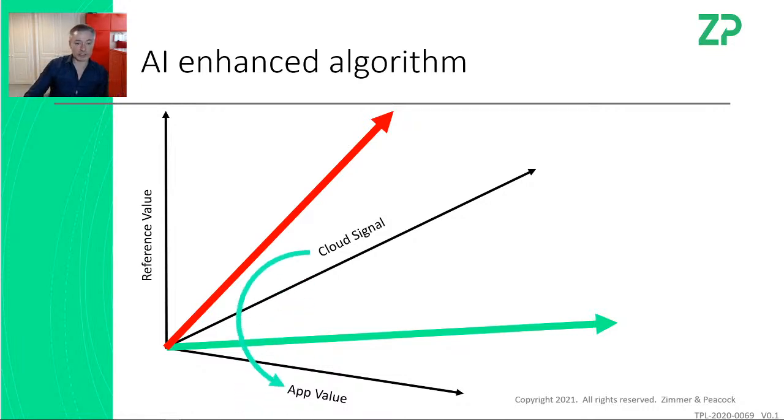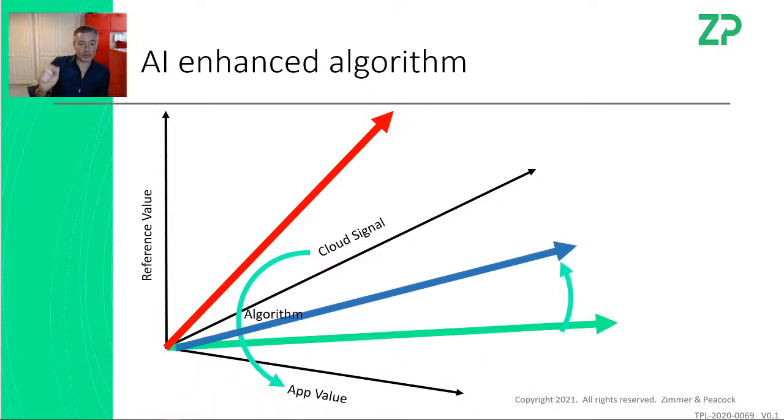So we take the cloud signal, look at it versus the reference value, and improve the app value. Because it's connected to the internet, Julie in the cloud is able to communicate via the web back to the app. We can send better algorithms to the app to improve our correlation with the reference value.